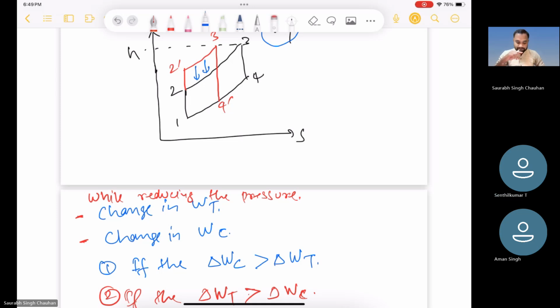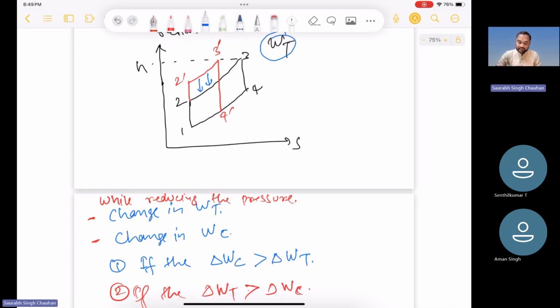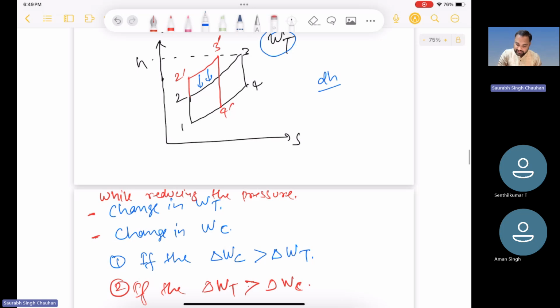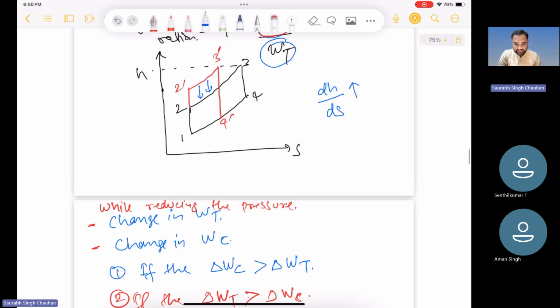Okay, sir. Now we have to see the slope of this HS curve. So we have to check dH by ds. If this slope increases with temperature, then it will look like it is increasing more rapidly when you are increasing the temperature, right?